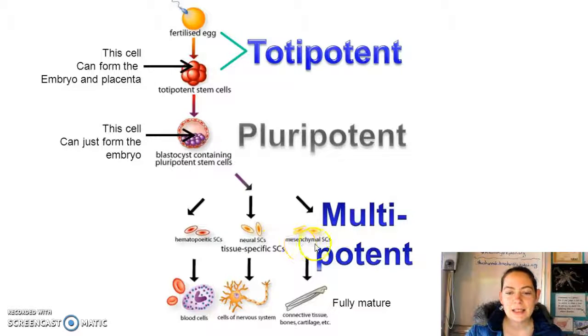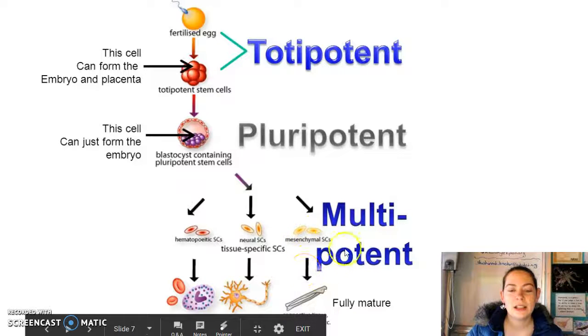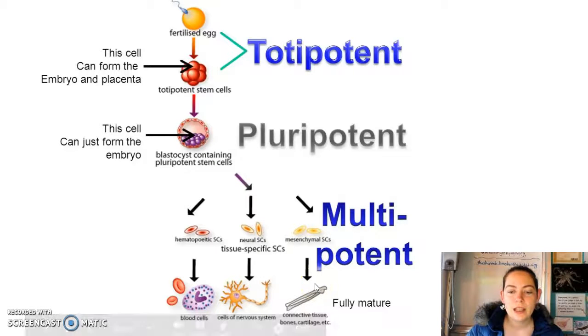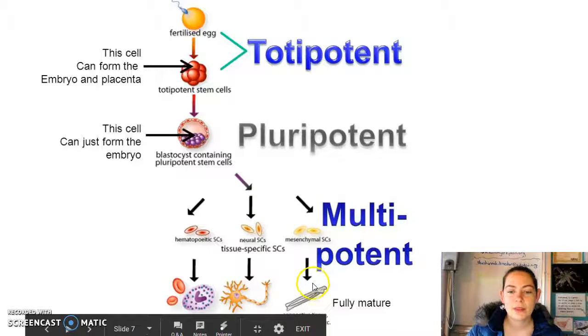This one says mesenchymal. That's another fancy word for connective tissue. So these types of stem cells can become bone cells or cartilage cells or any sort of supportive tissue, basically your connective tissue. So multipotent cells are what we have in our bodies, and they are specific to a type of tissue.